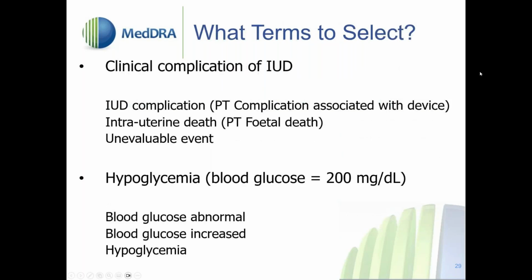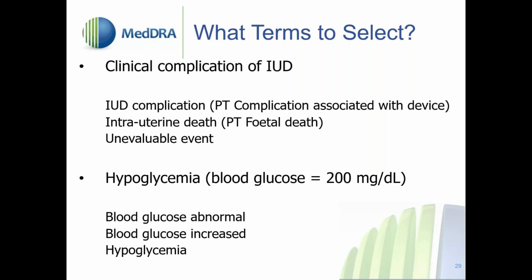Okay, so here are examples of things we just spoke about. Clinical complication of IUD. Now, IUD, you think intrauterine device, and this is a clear one, but it's not always the case. IUD can stand for different things. In pregnancy, it could be an intrauterine death. In urology, it could be something intermittent with the bladder or with the diversion of the urine, or it could be different things.